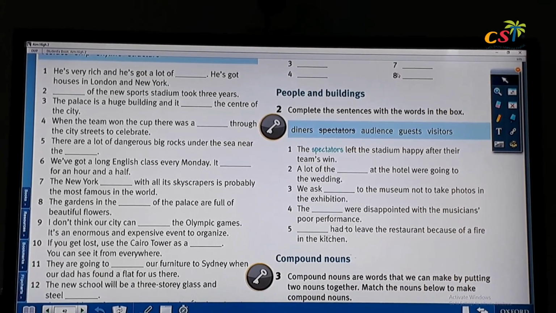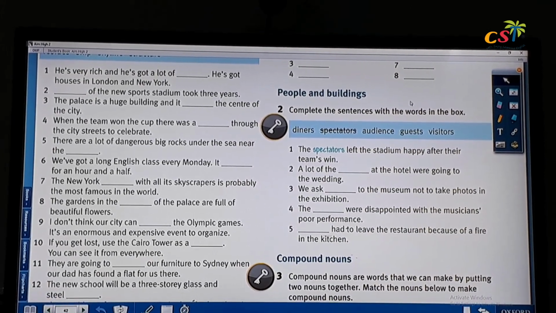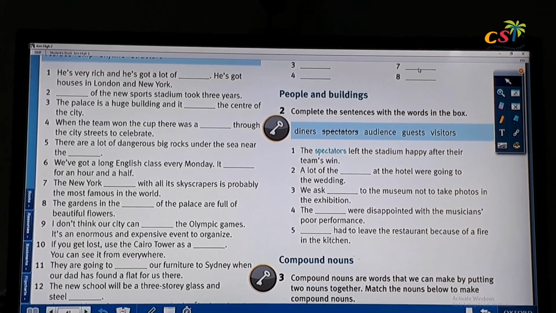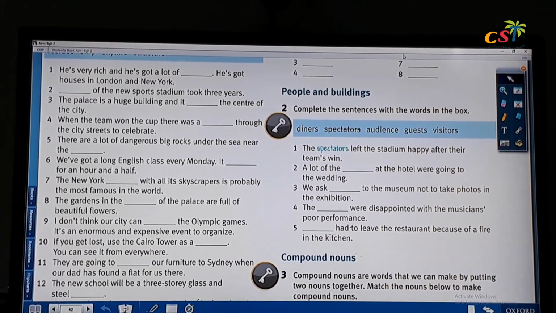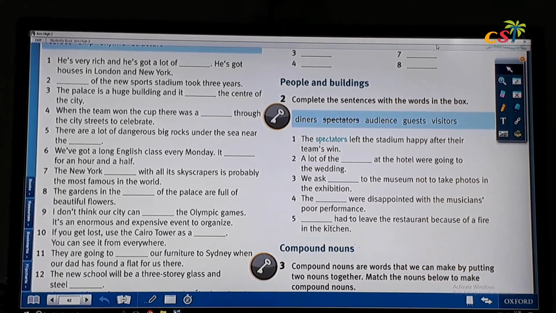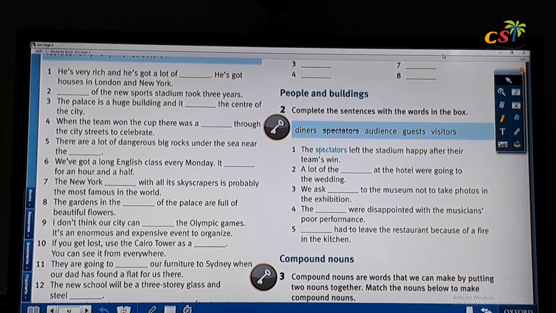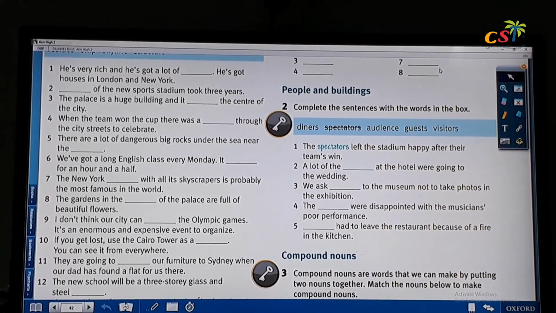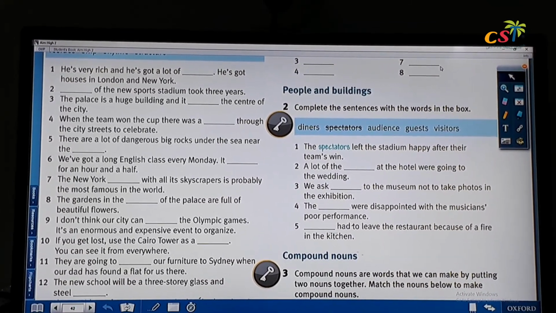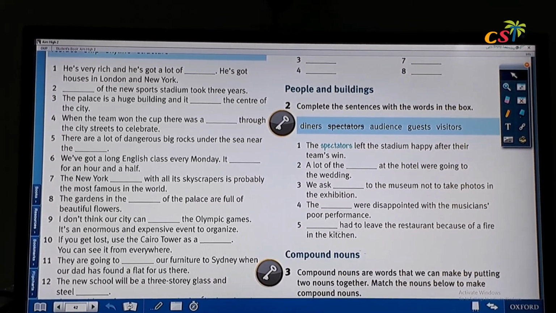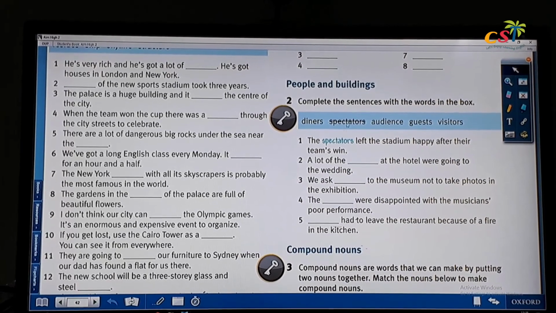Diners, we call people diners if they visit a restaurant and eat there. So diners is people who eat in the restaurant. Okay.